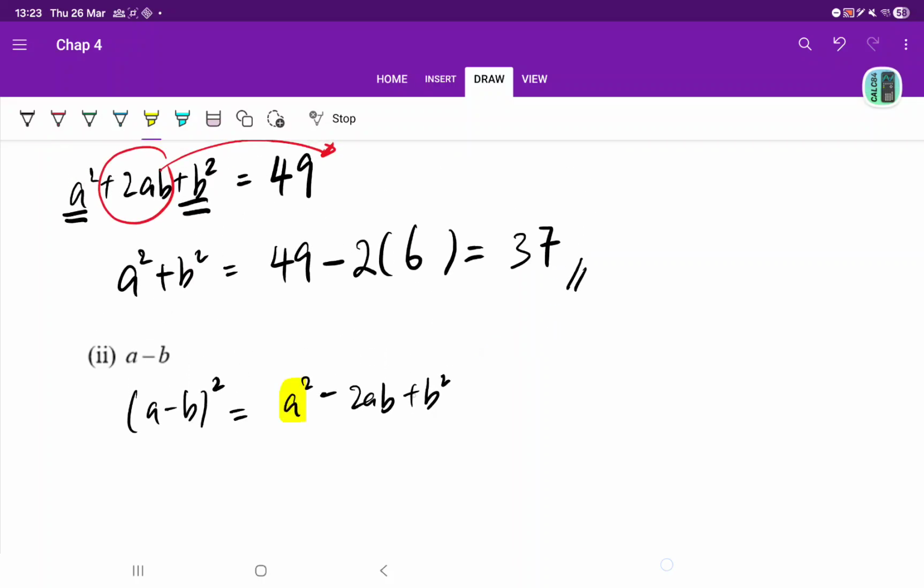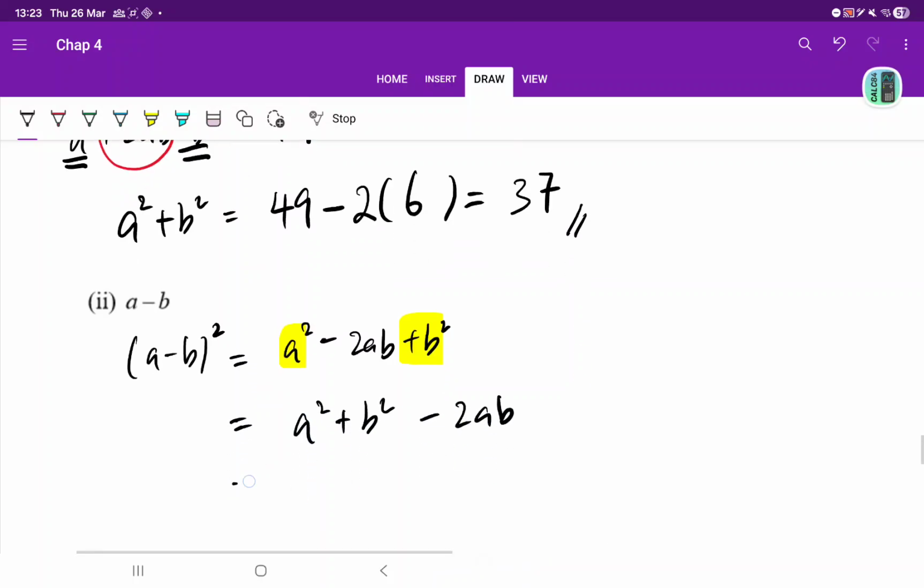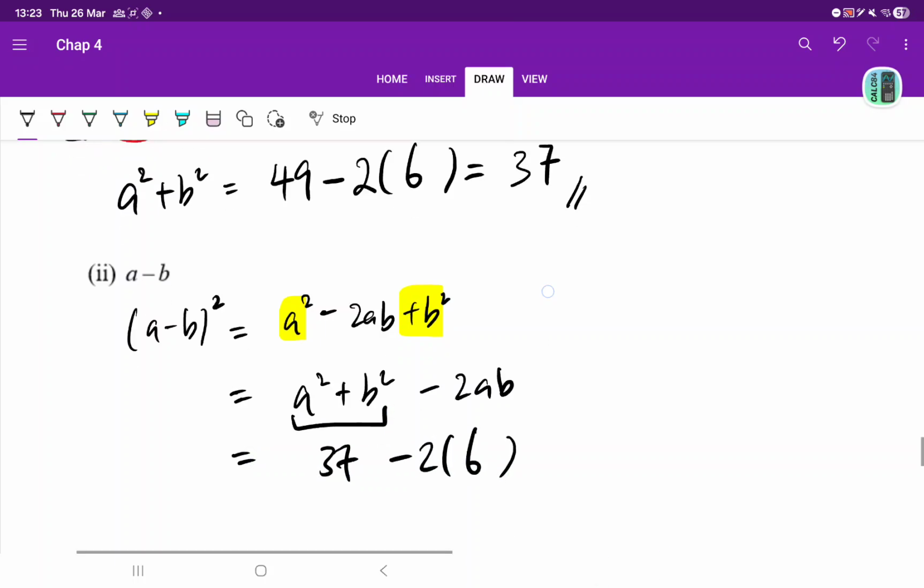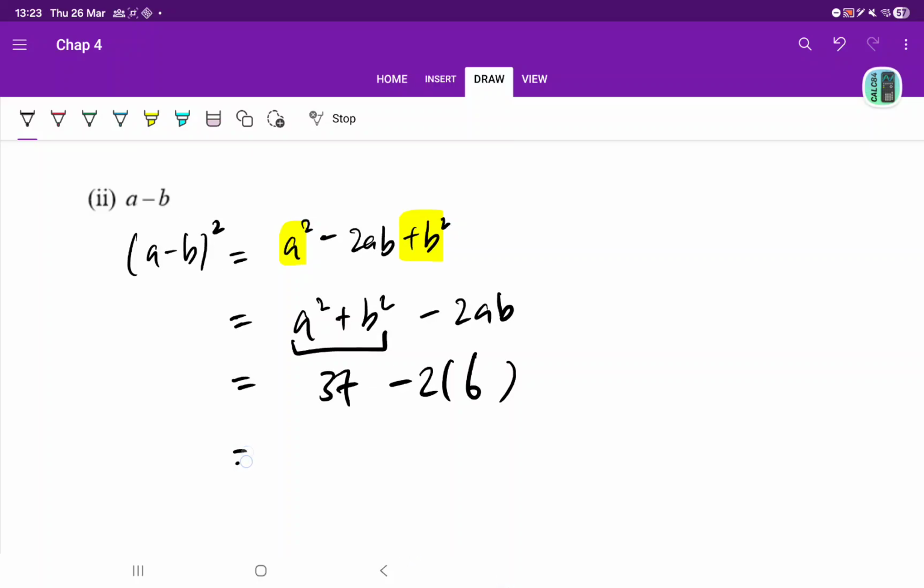This term and this term, they are 37. So let me rewrite them. A square plus B square minus 2AB. Now A square plus B square, these two terms is 37. Minus 2 times 6, because AB is 6. So after all this working, I realized that A minus B square is actually 25.